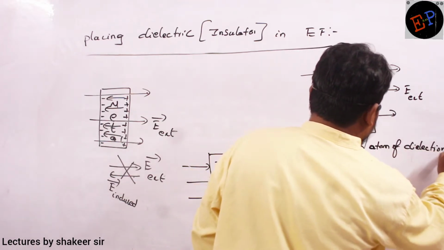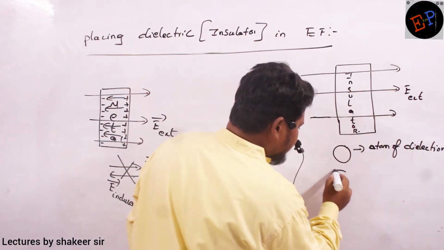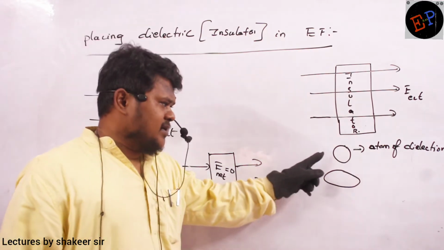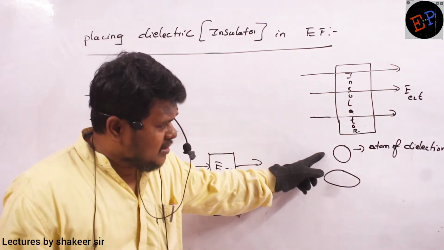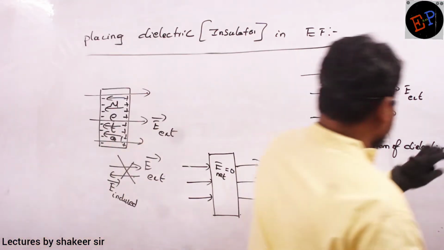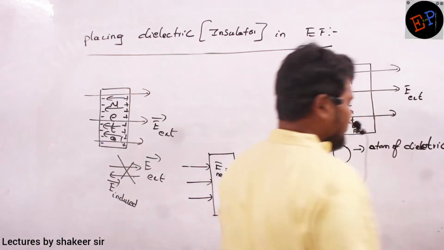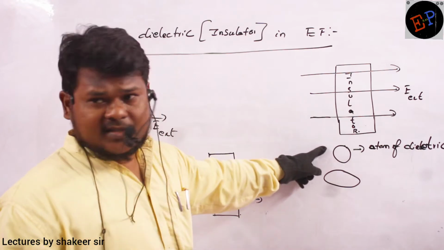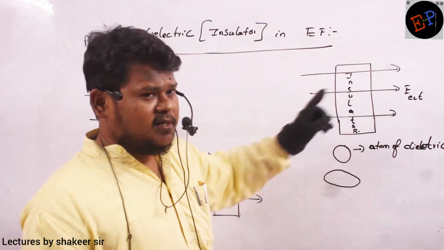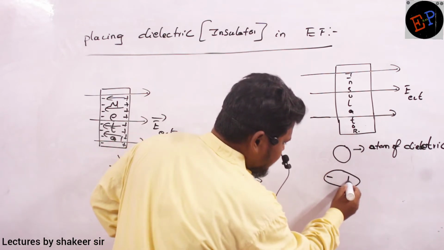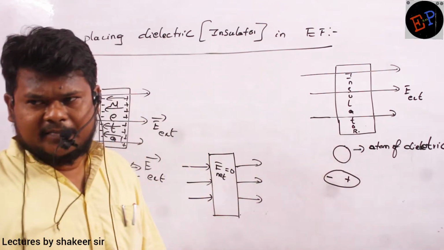This atom itself will take this kind of shape. Previously the atom was like this, but if I place this inside an electric field, it will get distorted, and it will take this kind of shape. Are you able to understand?